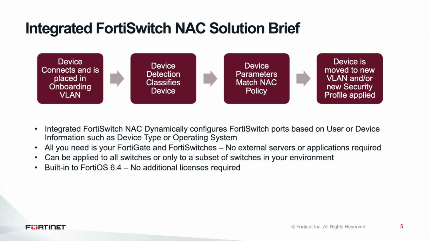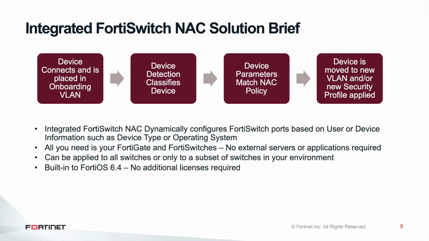The first solution we're going to dive into is the integrated network access control feature that is built into FortiOS 6.4. With this feature enabled, devices that connect to FortiSwitch ports are interrogated by the firewall to gather information about the device.